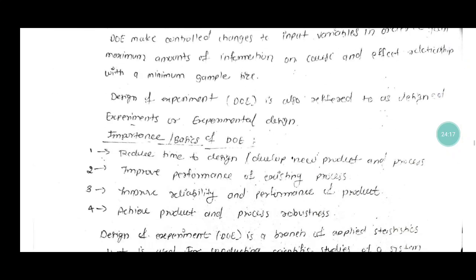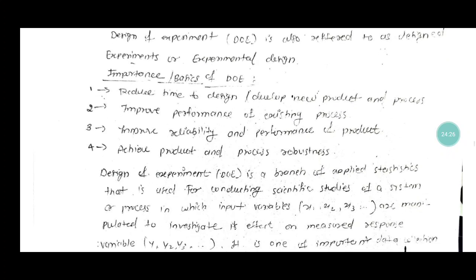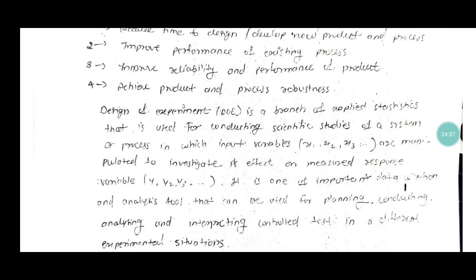The design of experiment is also referred to as design of experiments or experimental design. The importance and basis of DOE: it reduces the design and development time for new products and processes, improves performance, improves reliability, and achieves product and process robustness.